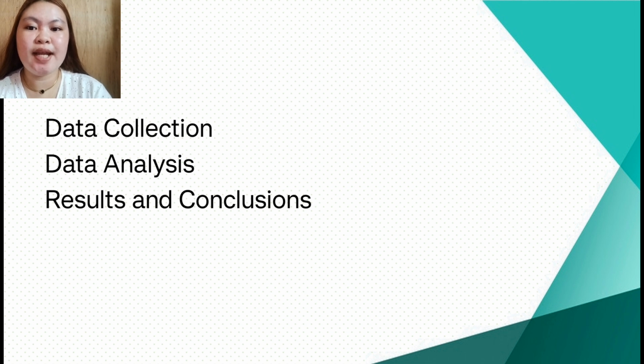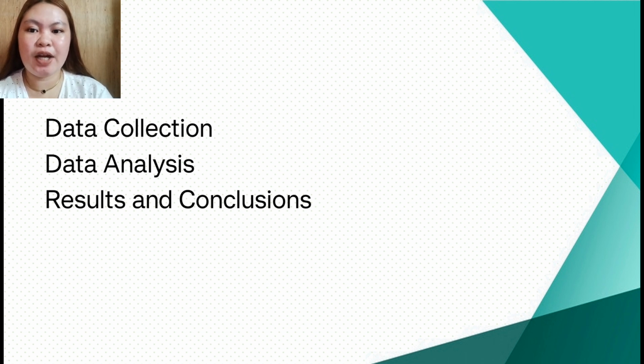Next is data analysis. The collected data is analyzed using statistical methods and techniques. Descriptive statistics are used to summarize and describe the data, while inferential statistics are used to draw conclusions and make generalization about the population based on the sample data.